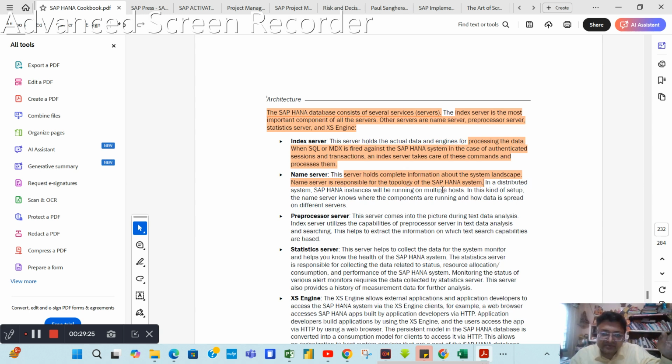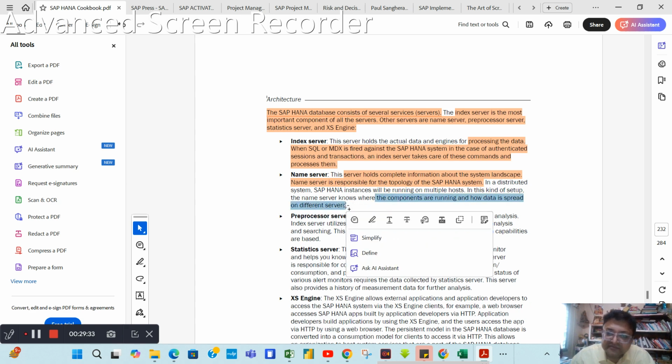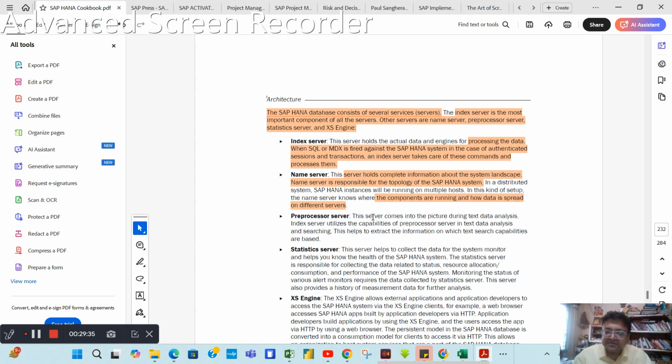In this kind of setup, the name server knows where the components are running and how the data is spread on different servers. So if there are multiple database servers, multiple systems, the name server knows which data is captured where. It will go and quickly fetch it from there.